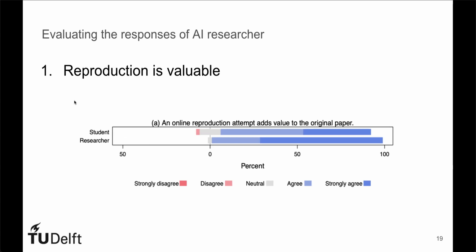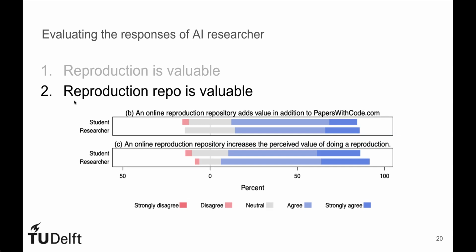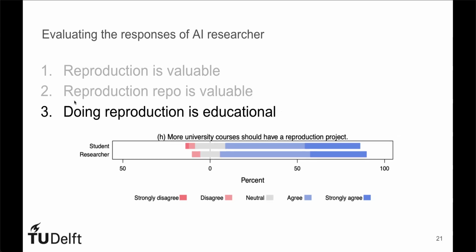Almost everyone says that reproduction is valuable. This is from both surveys. Again, almost everyone says that an online repository for reproduction is valuable. Lastly, again, almost everyone says doing a reproduction is educational.